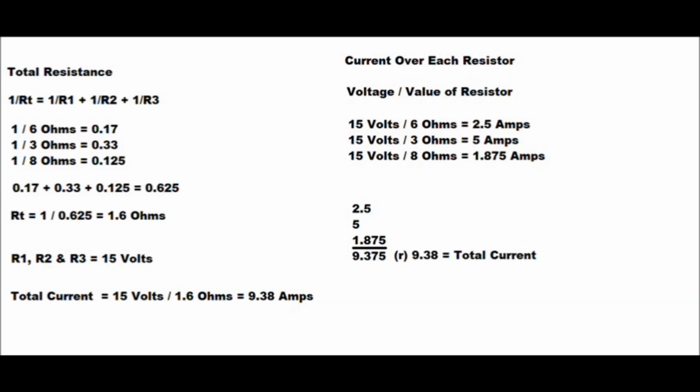There is only 0.005 amps of difference to our original current total. If the difference was of a greater value, then the calculations we have made are wrong and we need to look at them again.